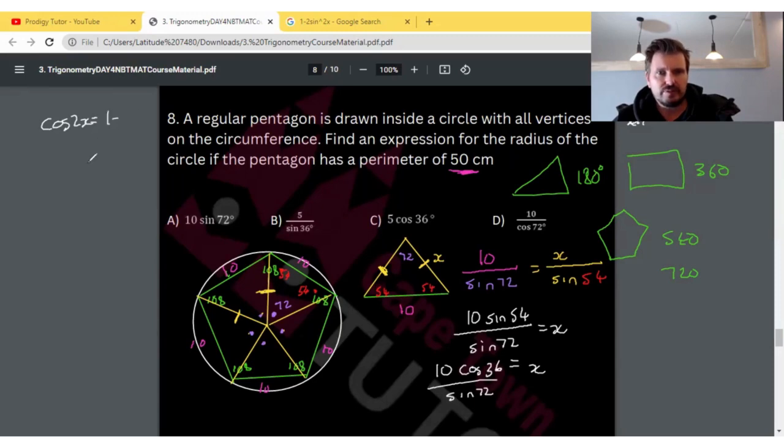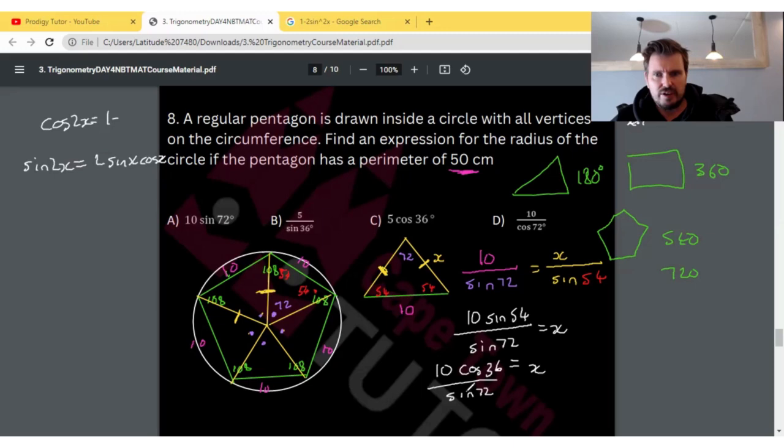That's not going to work because you don't want a squared x here, because we're going to end up with a 1. But what we do know is that sine 2x is equal to 2 sine x cos x.